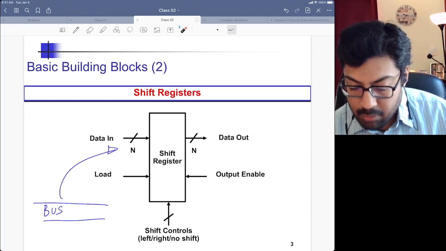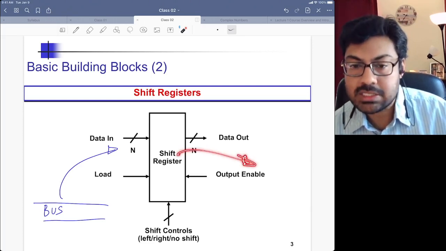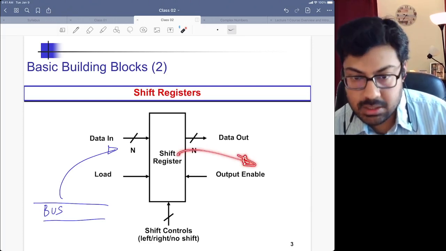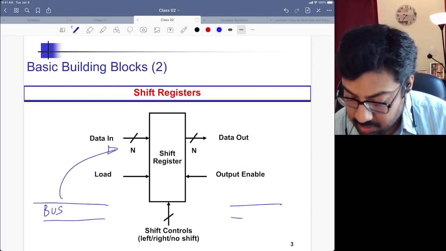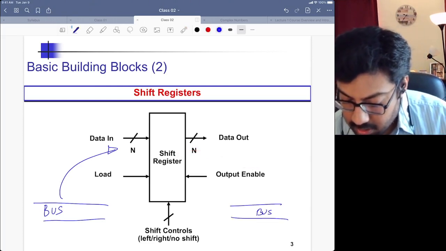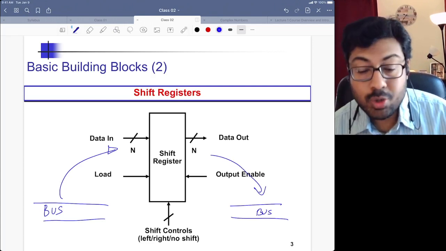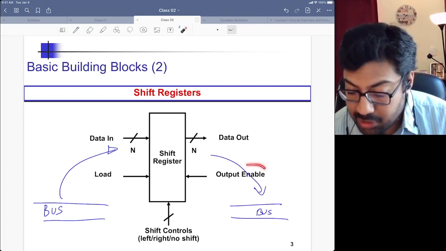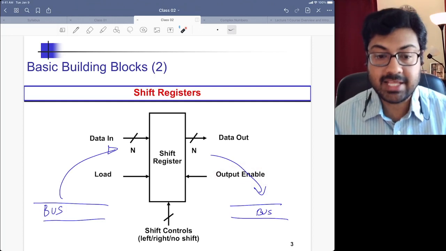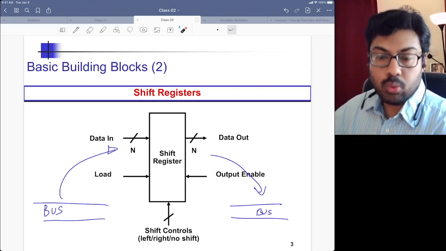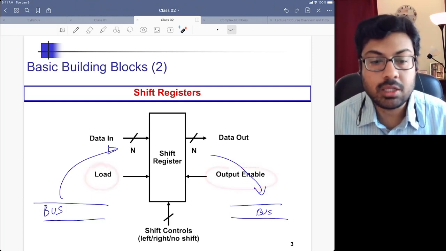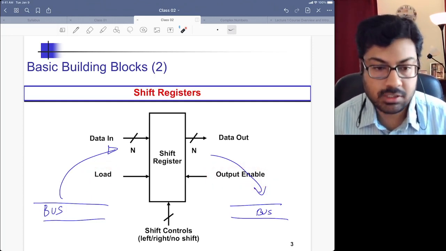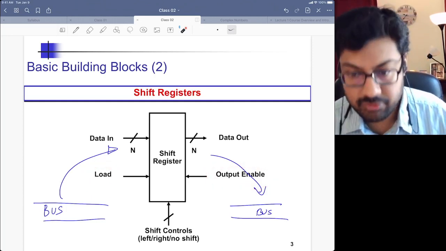However, when you are moving data out of the register, maybe you are reading the register and you are going to a bus, you can only have one output enable signal that can be active, right? So rule 1 and rule 2 actually impose restrictions on the load and output enable signals for the registers.